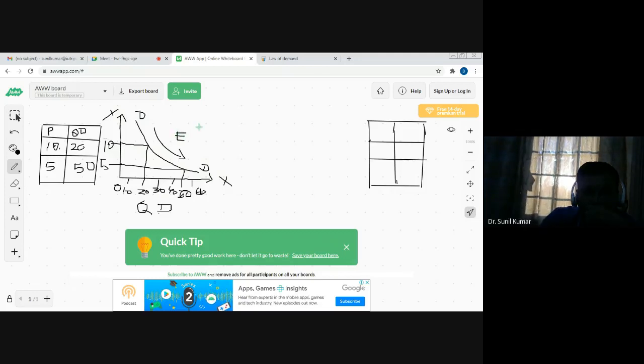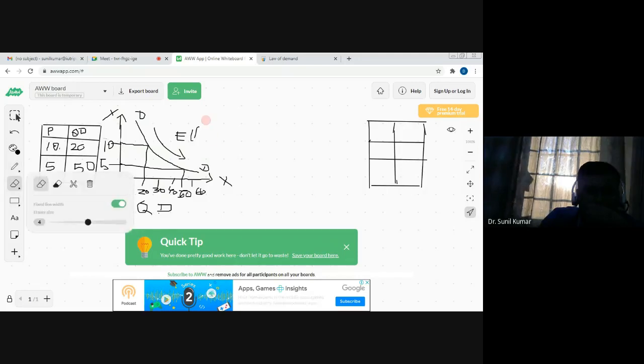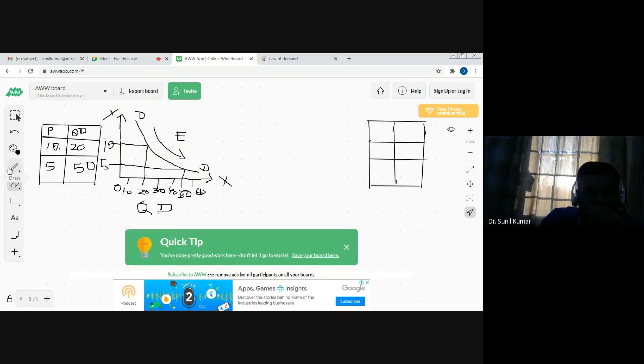This is known as the extension of demand curve. It is due to that condition, due to that price fall.